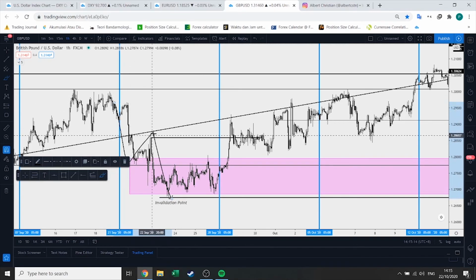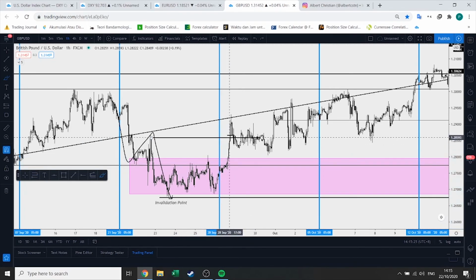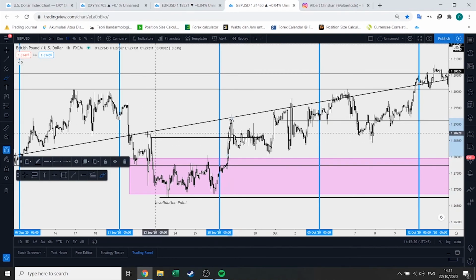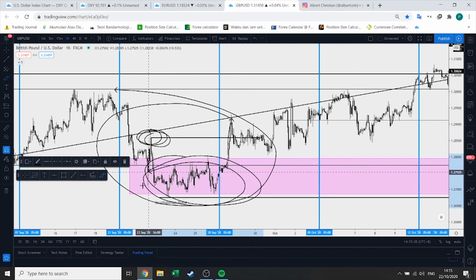Higher high, lower high, or lower low. They expect something like this, but when this happened, it broke market structure. That means here there is a market structure shift where market makers are doing something.